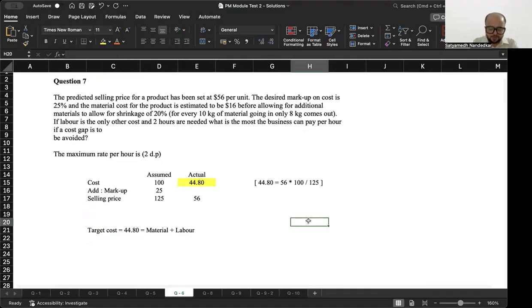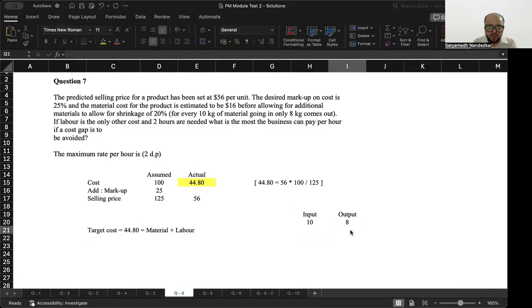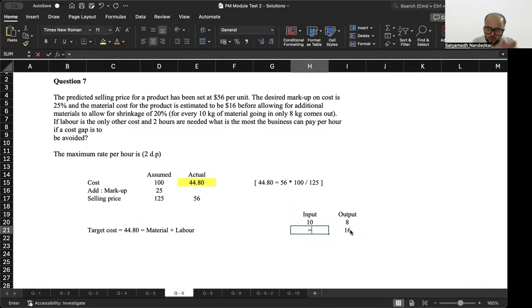Okay. So 10 kg goes in, 8 kg comes out. Input and output that way. Now, what is the situation in our case? The material cost before allowing for shrinkage is 16. So, how much is the cost of material going in?